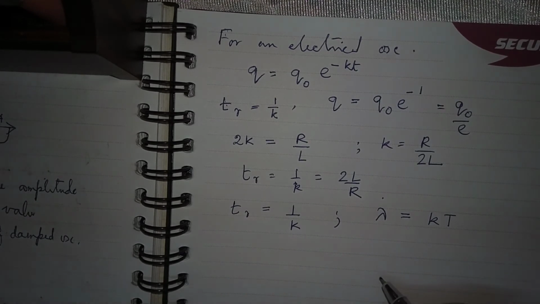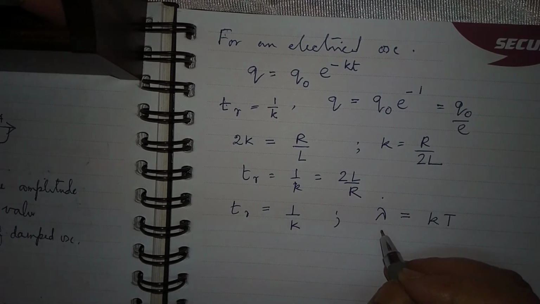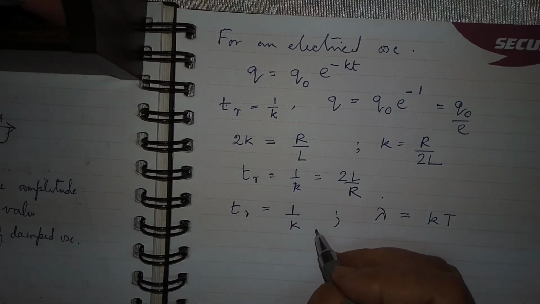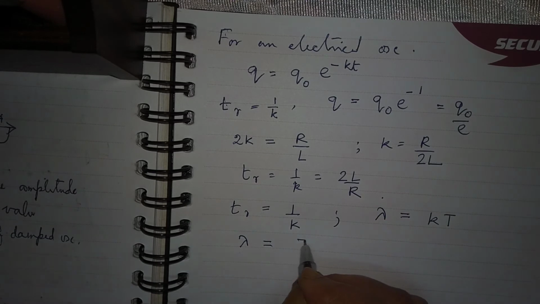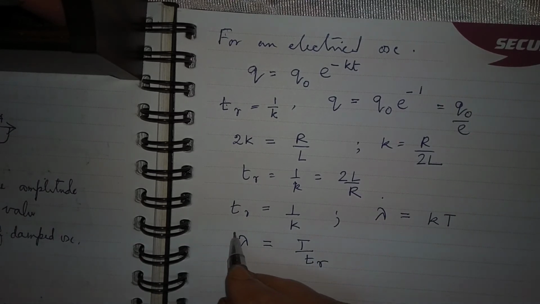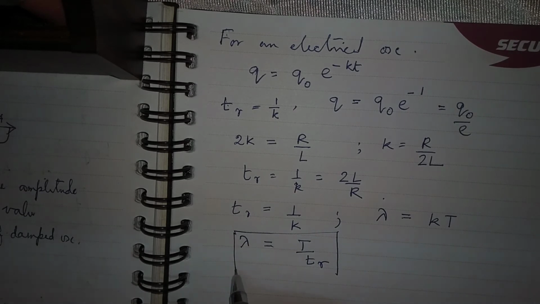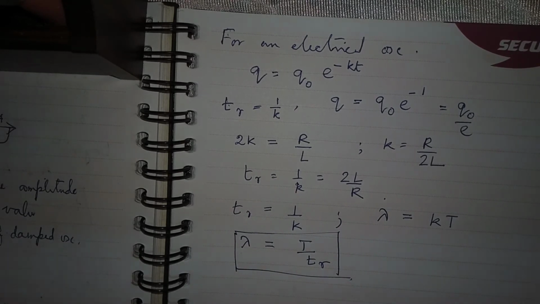So if you take 1 by k from here, 1 by k is equal to T by lambda. So lambda will be equal to T by TR. So this is the relationship between the relaxation time and the log decrement.